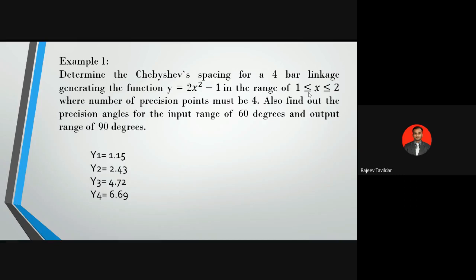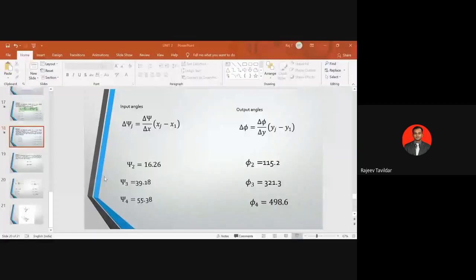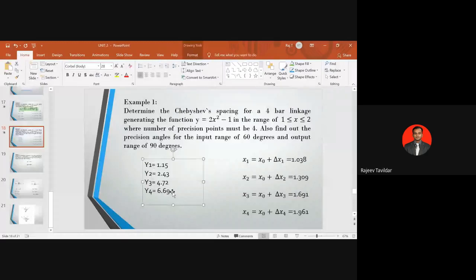In between, we had 4 precision points. So I have taken the maximum, that is x5 minus x0. Only then I got delta x. So similarly, for the y terms also, to get delta y, we need to do this, which I should have told you.